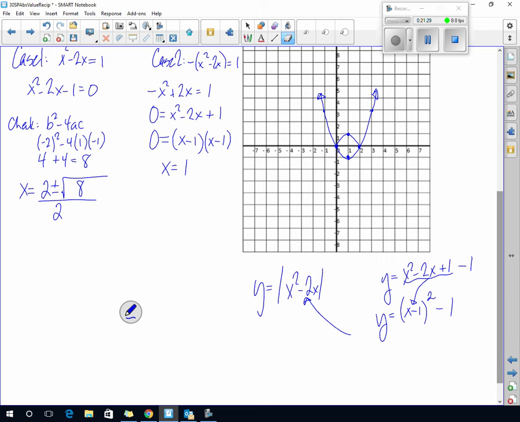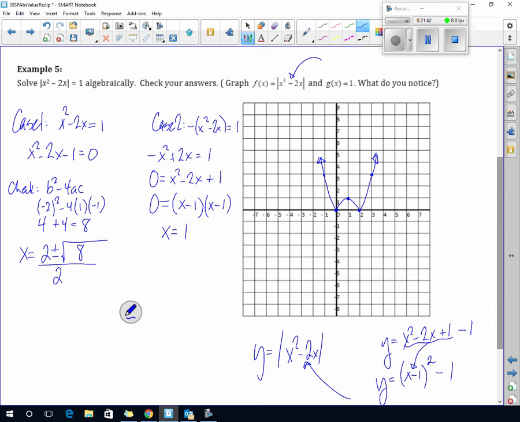Okay, now it says to also graph g of x equals 1. How do I graph g of x equals 1? How do you graph this? Nobody knows. Which way is the line going?